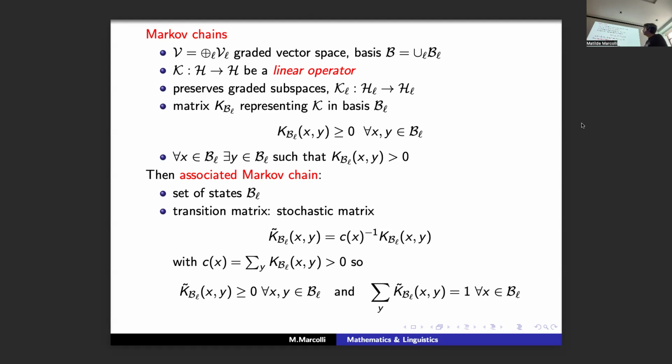The one assumption that you make is that when you look at the matrix representation of this operation in the given basis of the vector space, then these have no negative coefficients. And if you know that for each fixed x there's some y for which it is strictly positive, then you can get a stochastic matrix by normalizing.